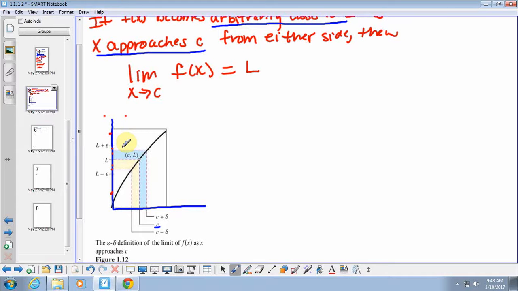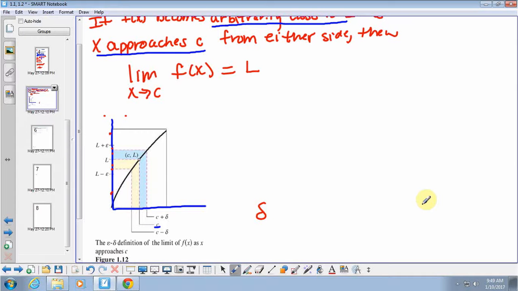Now, what does this word close mean? Well, once we're picking the values close to C and we're getting close to L, then we have come into a delta interval around this C. This here is the lowercase Greek letter delta.